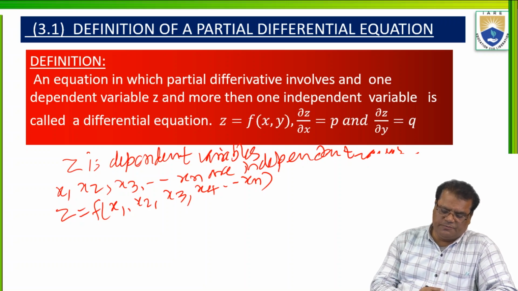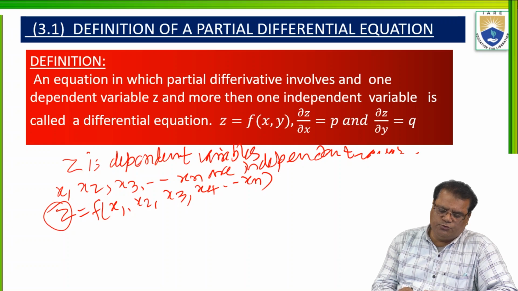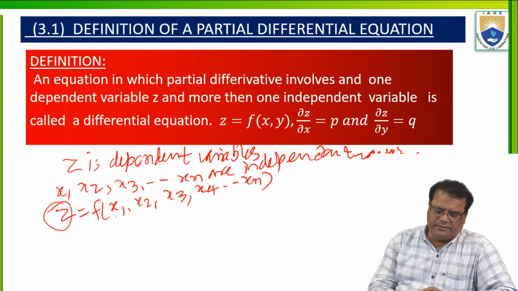Basically in this function there is only a single variable z, that is the dependent variable. This is dependent on x1, x2, x3, x4 and xn, there are n independent variables. So here we can differentiate this function first time with respect to x1, second time with respect to x2, third time with respect to x3. Similarly, we can differentiate with respect to xn.